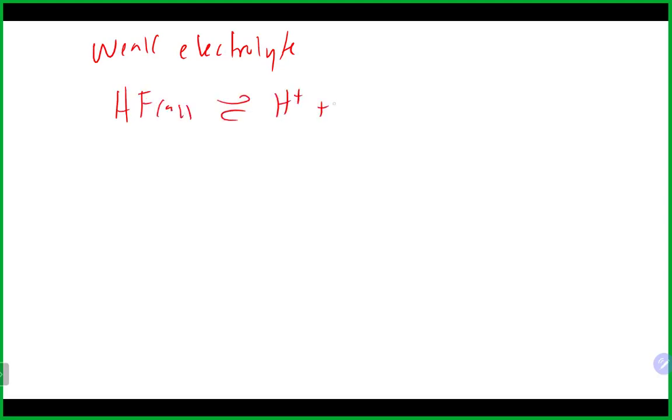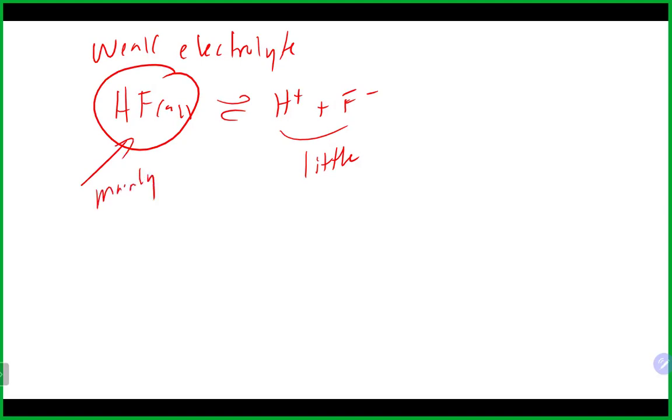Where do those go? Something like hydrofluoric acid is a weak electrolyte. In solution, it will break apart a little, but pretty much you will mainly have this guy still together.